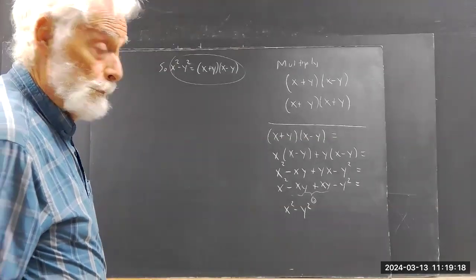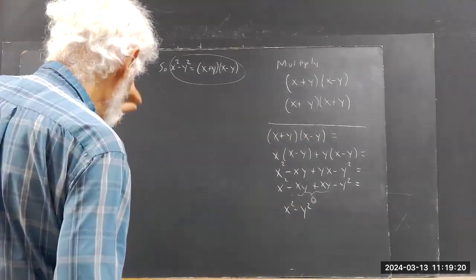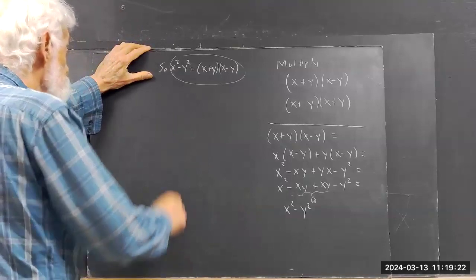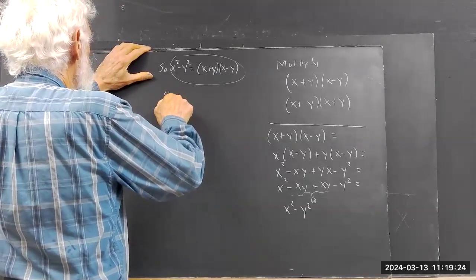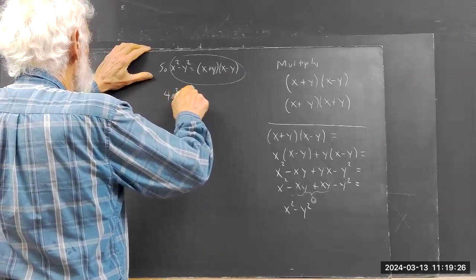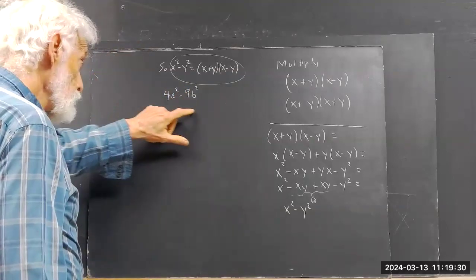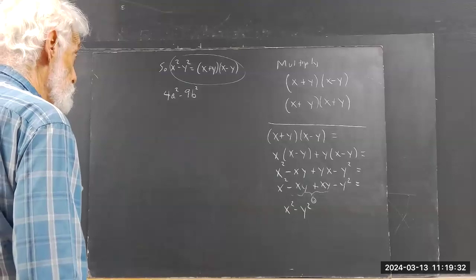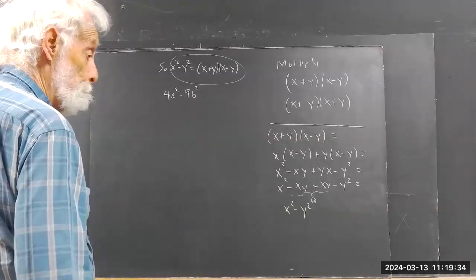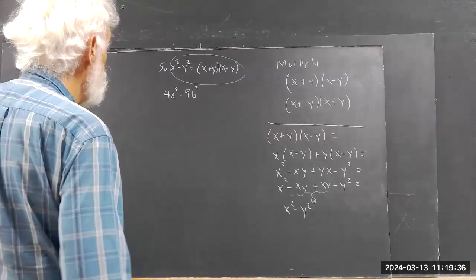Okay. So for example, let's say you have 4a squared minus 9b squared.